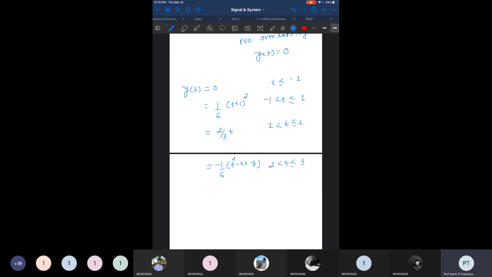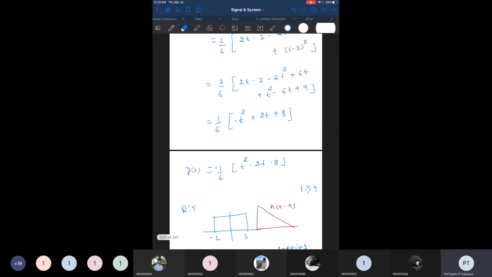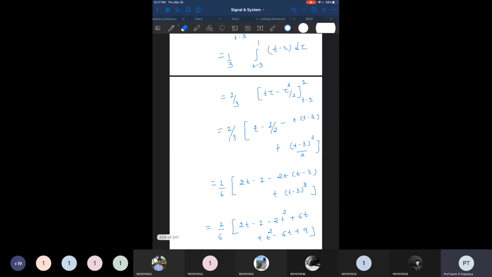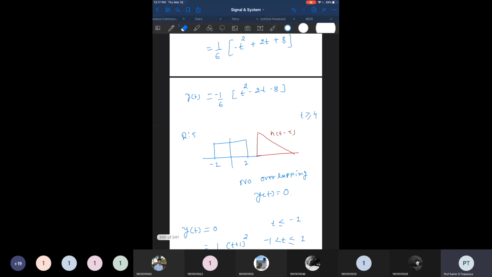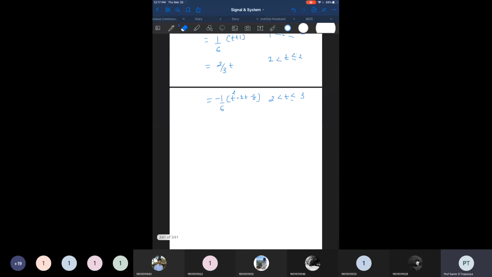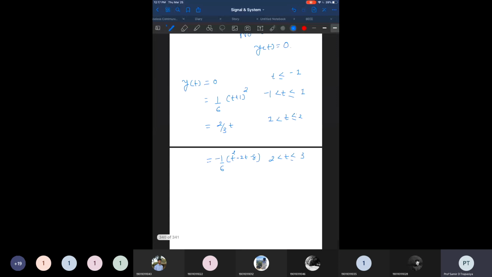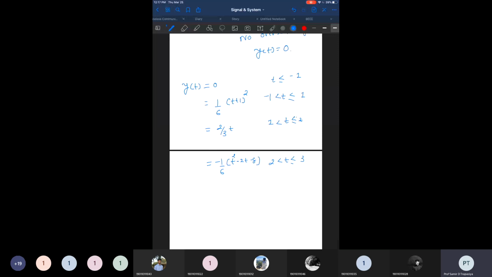This is valid for the region number 5, which is up to 3 to 4. So that is for 1 to 3, and this is from 3 to 4, and this is 0 for t greater than or equal to 4.